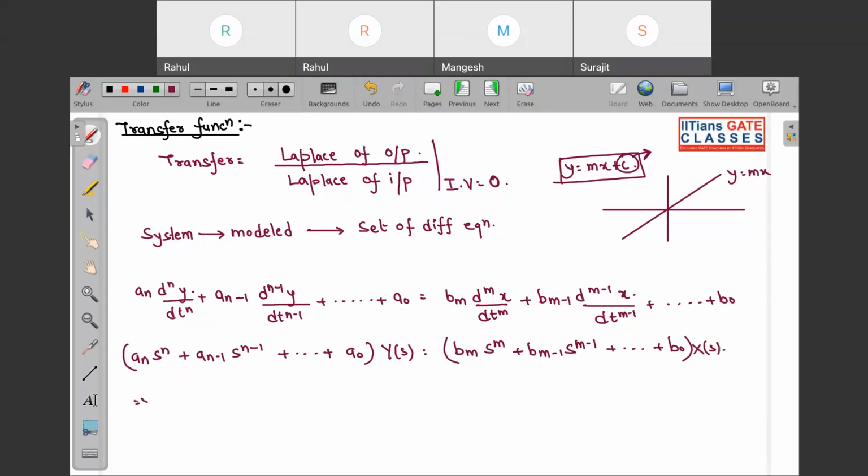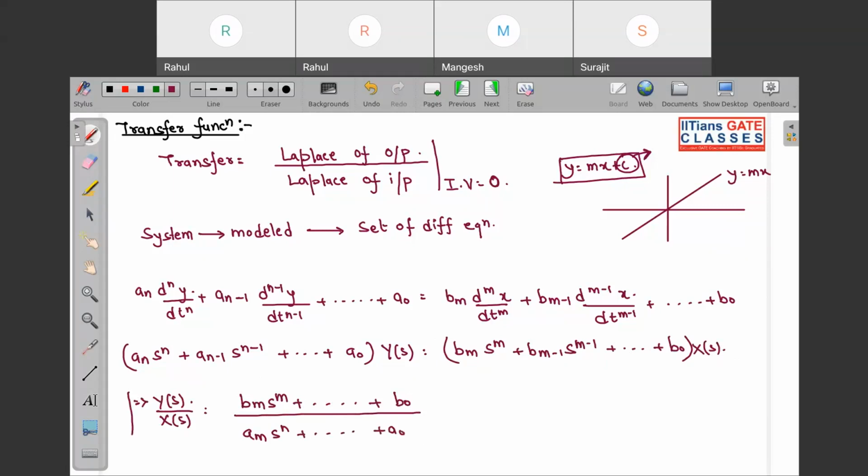If I write Y(s) by X(s), then this becomes b_m s to the power m plus ... b naught, divided by a_n s to the power n plus ... a naught.